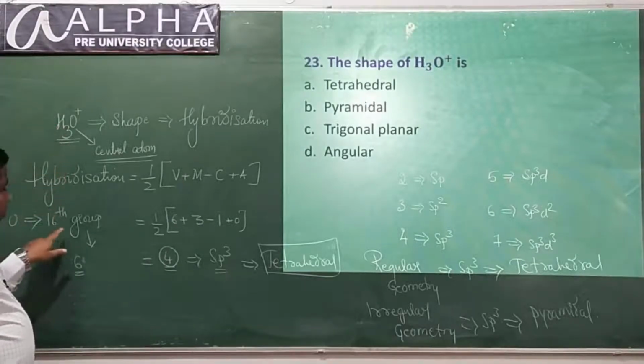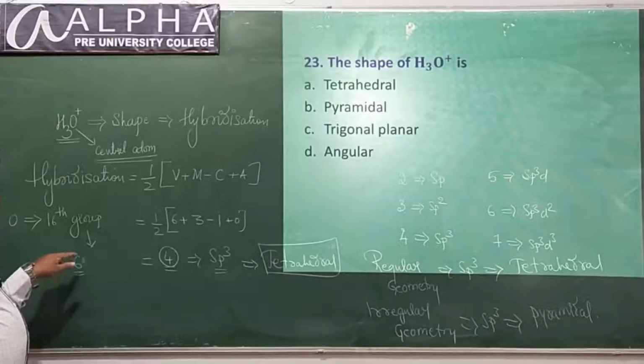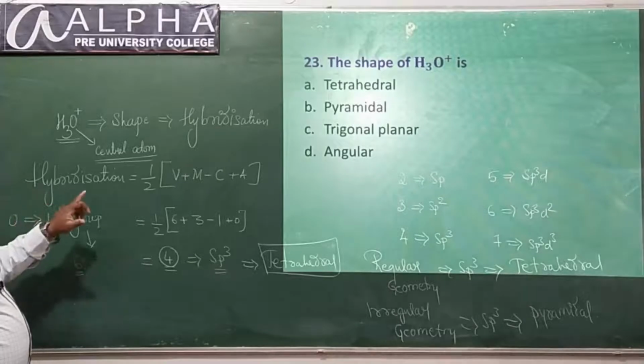Oxygen belongs to 16th group, which means 6 valence electrons.